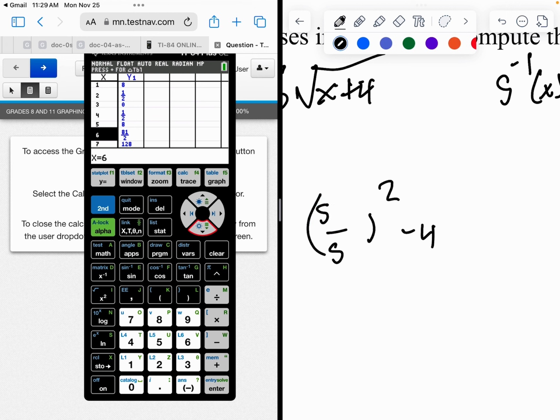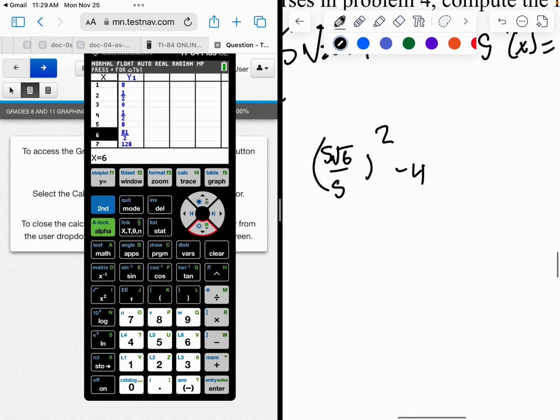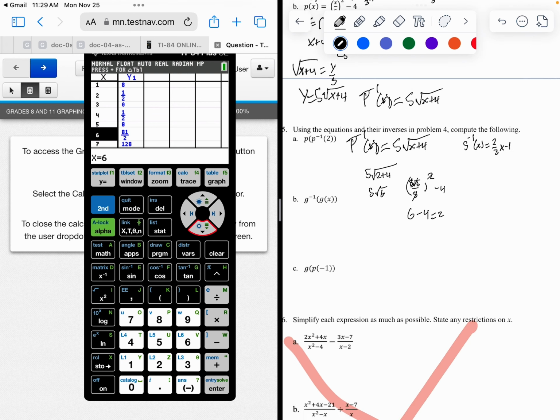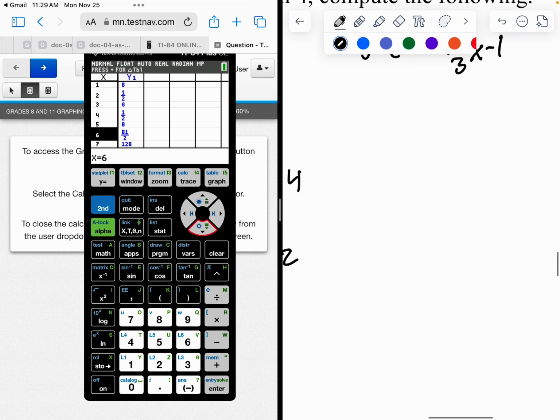Now you simplify it, this cancels with that, and the square cancels the square root, so it's going to be 6 minus 4, which equals 2. So P of P inverse of 2 equals 2.